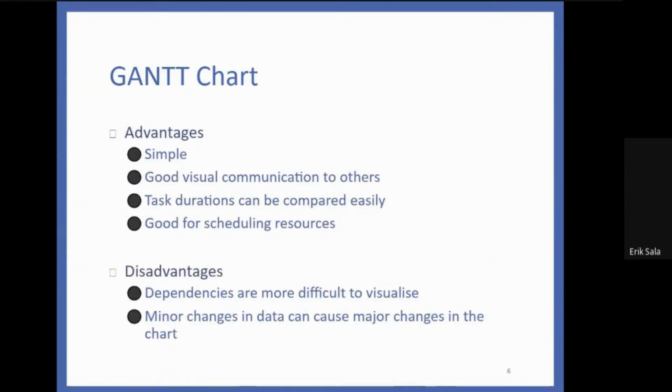The advantage of this is it's simple, with good visual communication to others. Task durations can be compared easily and it's good for scheduling resources. And it has its disadvantages also, but minimal. Dependencies are more difficult to visualize, and minor changes in data can cause major changes in the chart.